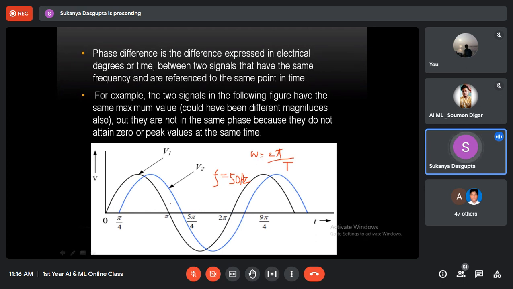And for the second signal V2, what is the time period? This is the starting point pi by 4, half time period 5 pi by 4, full time period 9 pi by 4. What is the time period of the second signal?